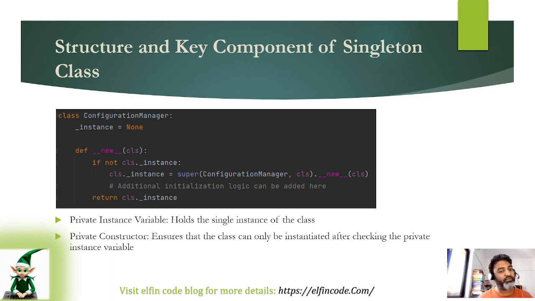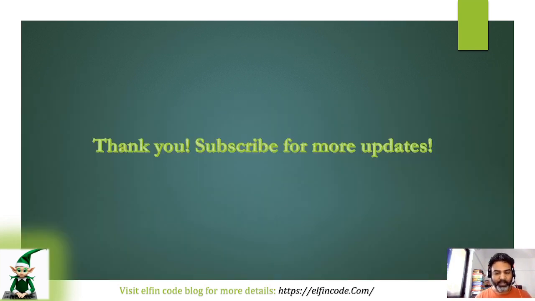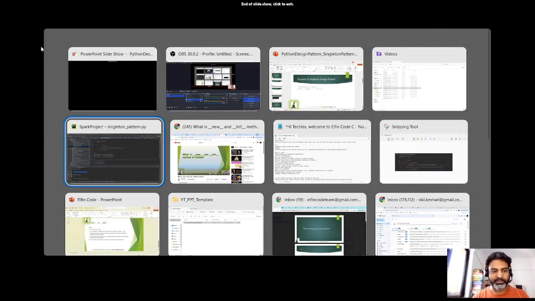If it is there, then it won't create a new instance. Instead, it will return the existing instance of the object with the help of this return statement, return cls._instance. Okay, now let us switch back to the practical part.